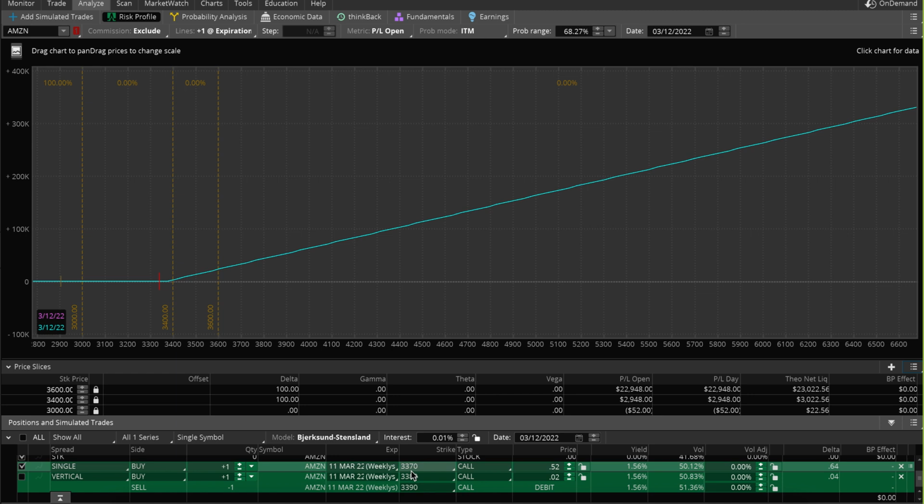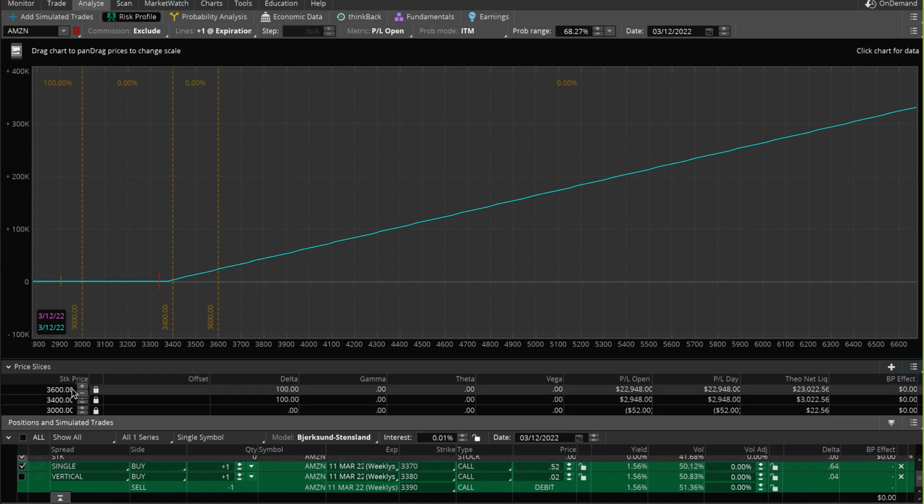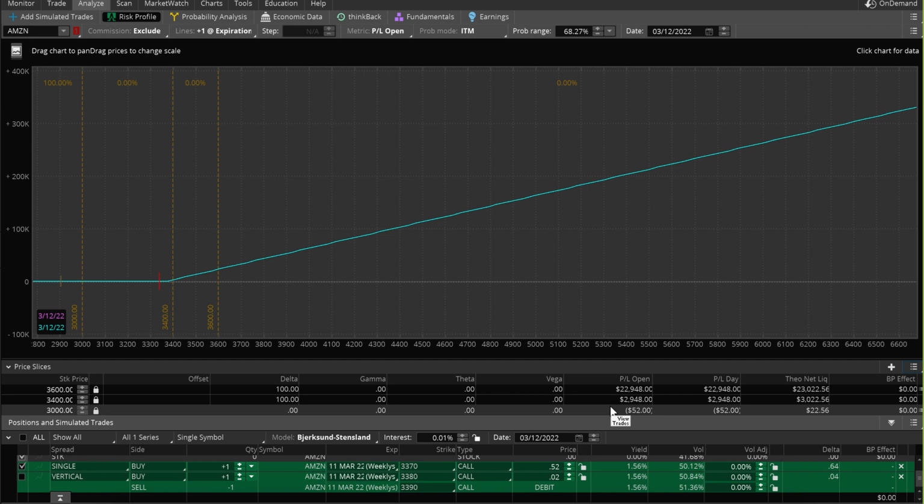It only costs us $52 for one contract. Let's say Amazon went so crazy that by the end of the week it was trading for $3,600. As you see, our profits would be upwards of $20,000, and our profit potential in this scenario would be unlimited if Amazon chose to go up even higher.